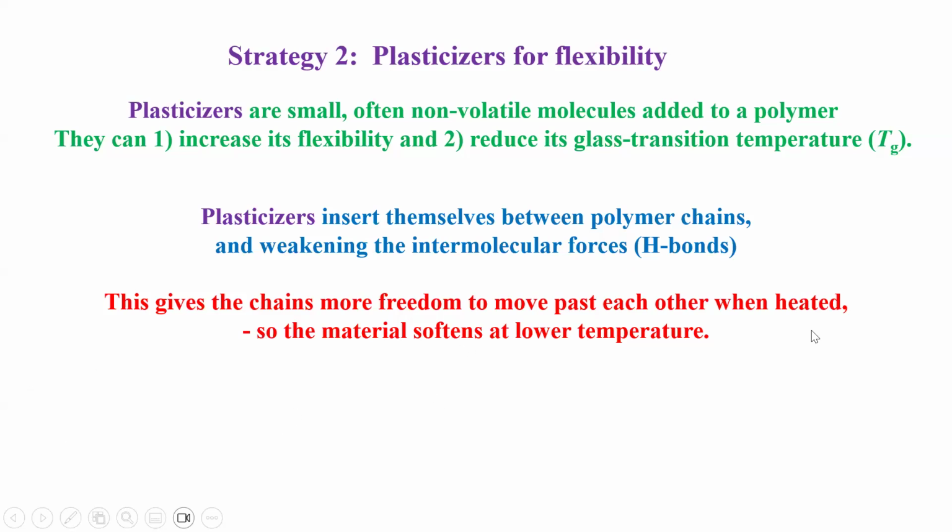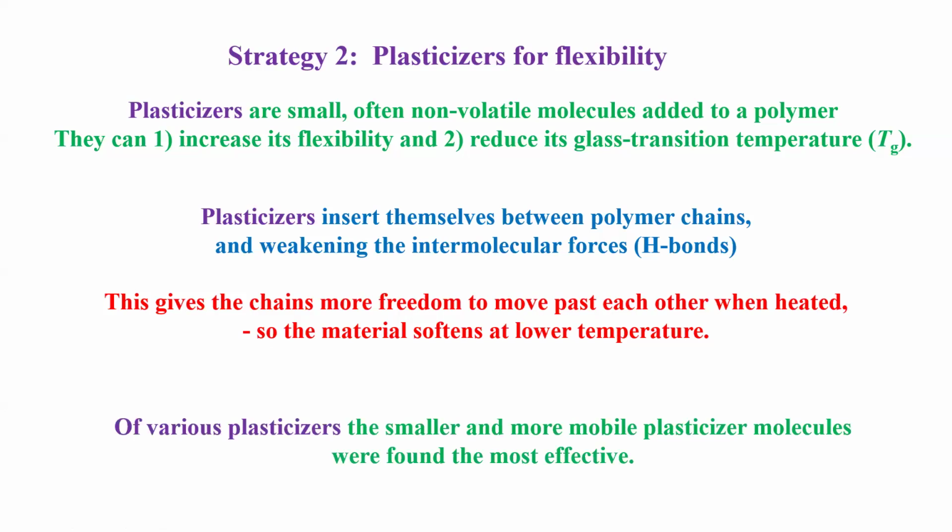This gives the chains more freedom to move past each other when heated, and then the material softens at a lower temperature. And of various plasticizers, it turns out that the smaller the plasticizers are, the better they work. And this is something found in molecular dynamics simulations of Patrick.